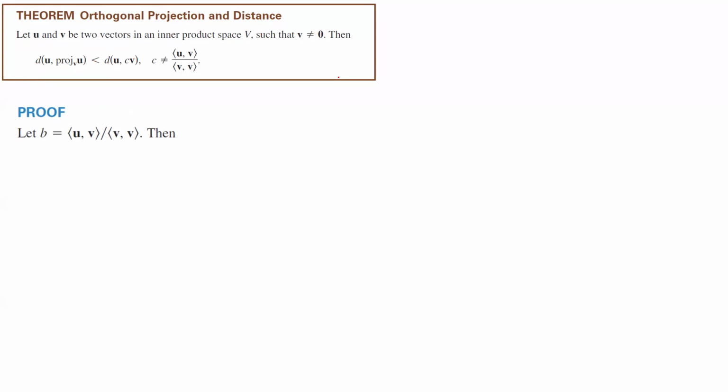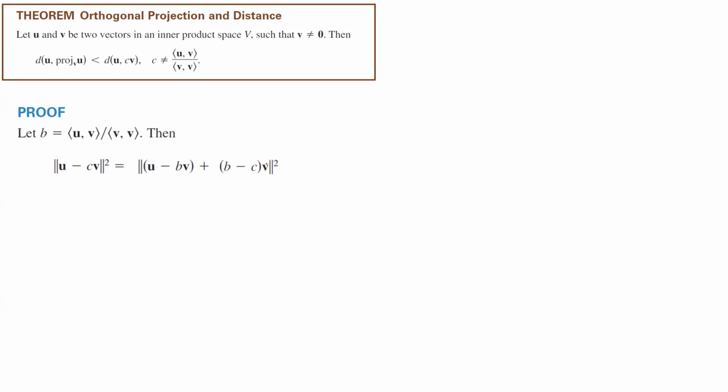Let's take a look at the sketch of the proof. Consider b to be this scalar, the inner product between u and v divided by the inner product between v and v. Now, if you find the magnitude of u minus cv to the second power, it is equal to the inner product of u minus cv by itself. Or basically, you're finding the magnitude of (u minus bv) plus (bv minus cv).